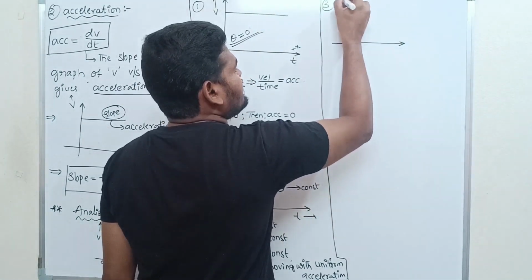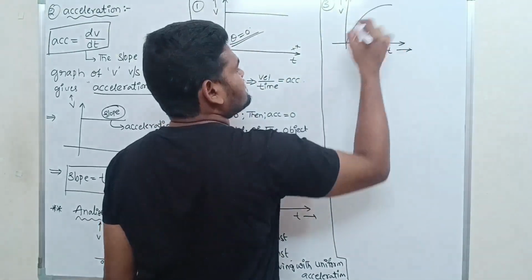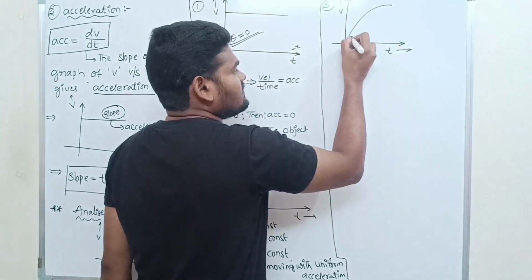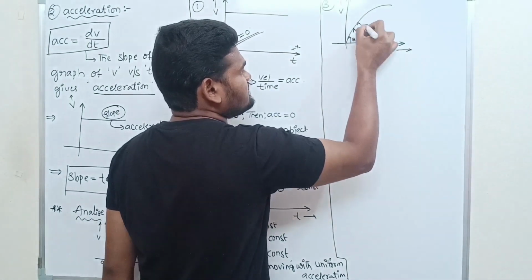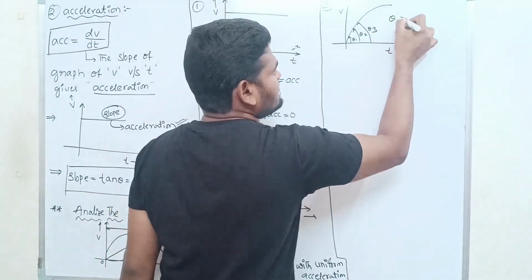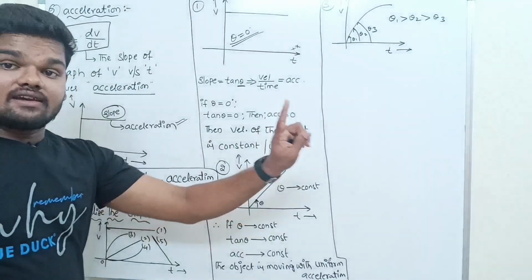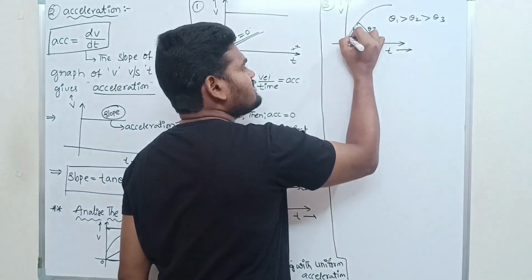So this is velocity and this is time. Now the graph is like this. Let us say this is theta 1, this is theta 2, and this is theta 3. So theta 1 is greater than theta 2, which is greater than theta 3. Then the angle decreases with respect to the points on the slope.